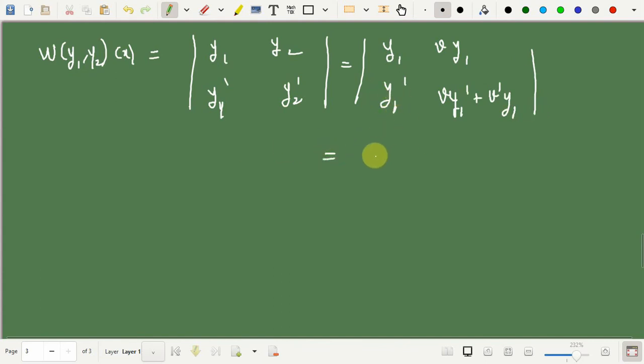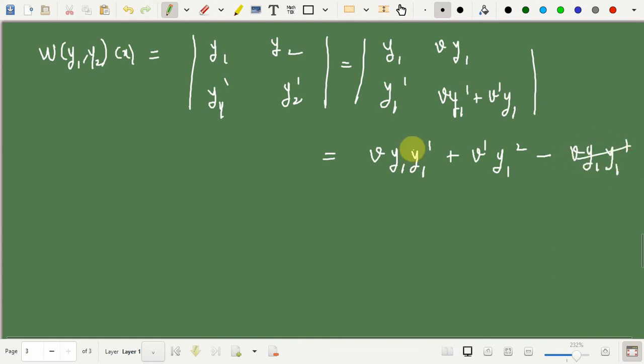If I compute the determinant, this is same as v into y1 y1 prime plus v prime into y1 square, and this would be minus v into y1 y1 prime.